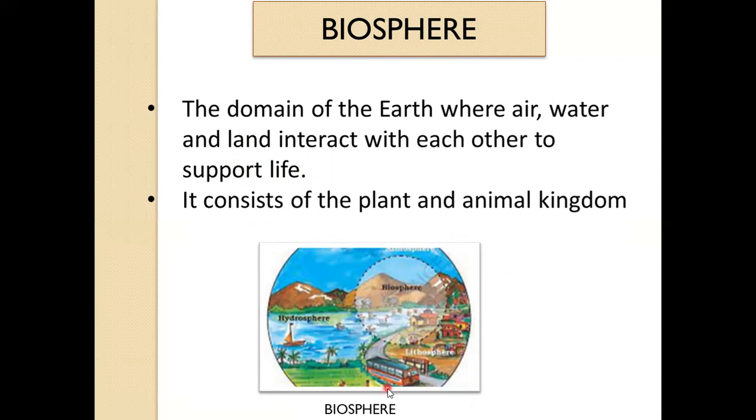This has the plants and animals and human beings, everything. It is the place where water is there, atmosphere is present, and lithosphere is also there. Remember this also, children. This is also very important.